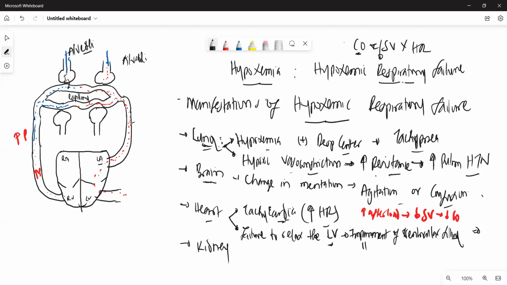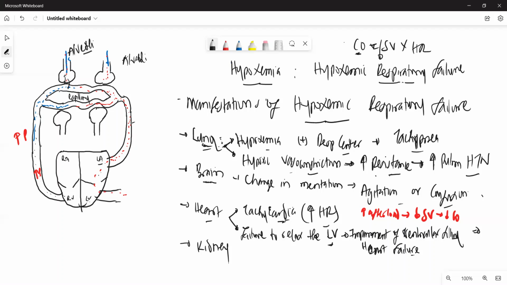So those patients can develop heart failure. That's also another manifestation of hypoxemic respiratory failure. And it's one of the reasons why our patients who have chronic hypoxemia or some underlying lung disease, when they develop symptoms of heart failure, most of the time we might consider putting them on oxygen to prevent the progression of their heart failure.